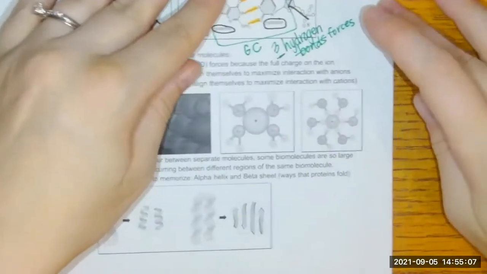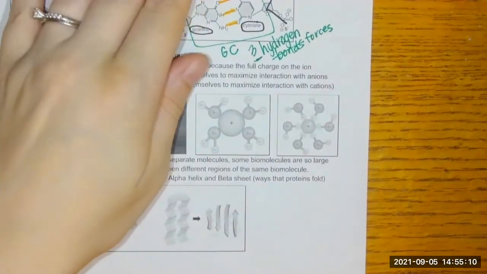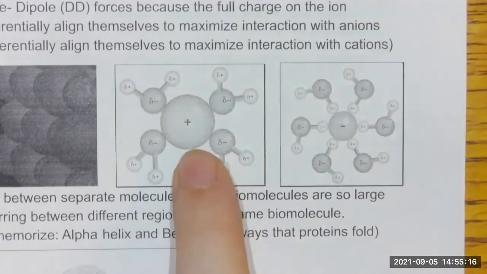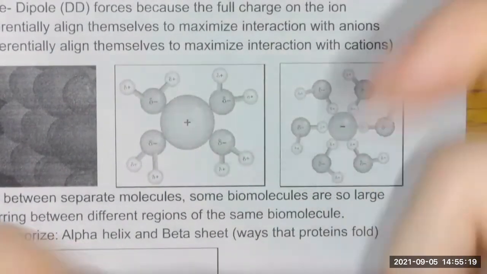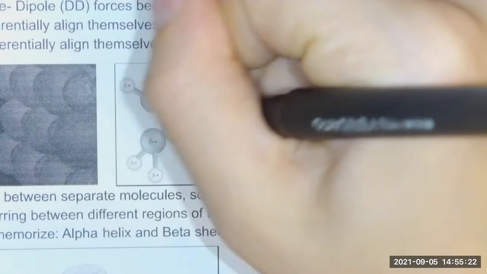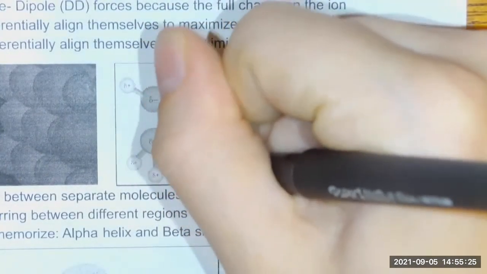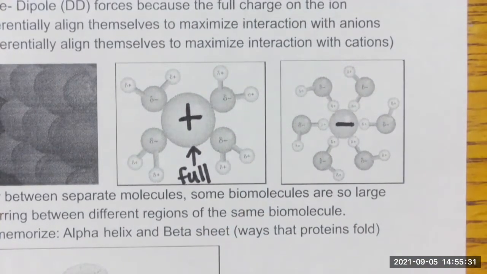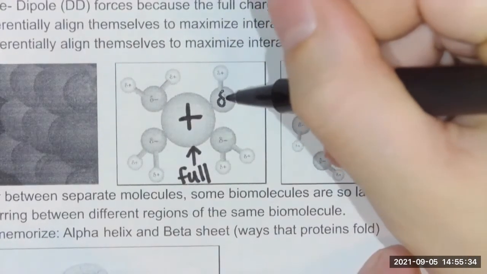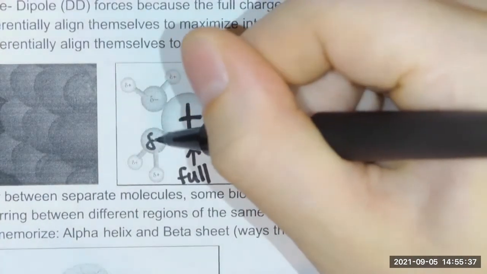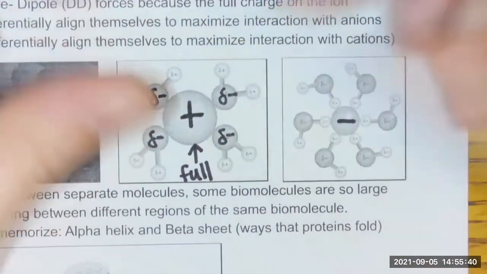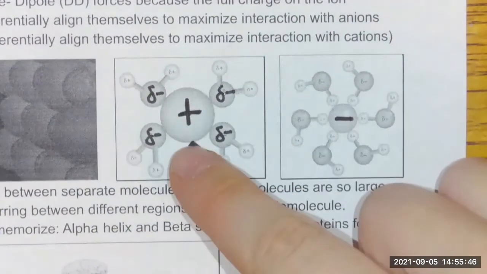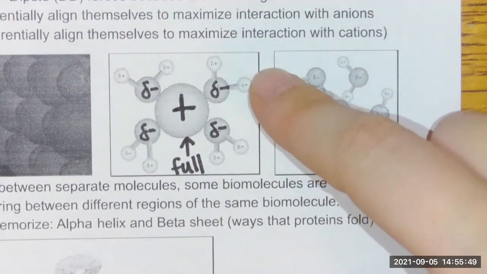Normally, how you're going to see this drawn is something like this. You've got an ion in the middle with a full charge. Make sure to make that nice and obvious that this is a full charge. This is also a full charge, negative. The partial negatives are the ones that want to interact. My full positive charge brings all the partial negatives to the yard.